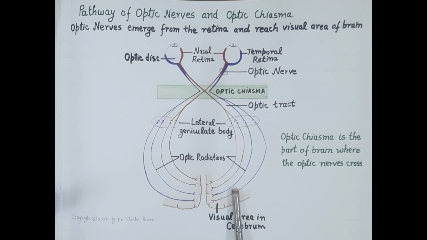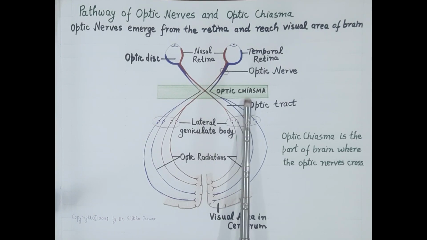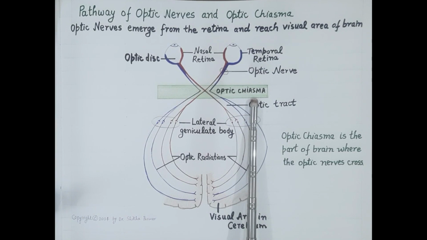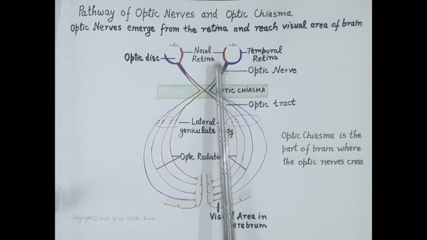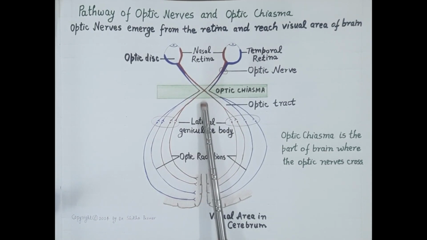This crossing over of the nerves from the nasal side of the retina forms the optic chiasma. So optic chiasma is the part of the brain where optic nerve fibers from the nasal side of the retina cross over.